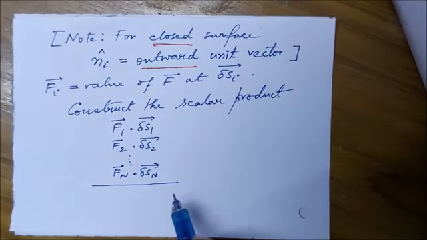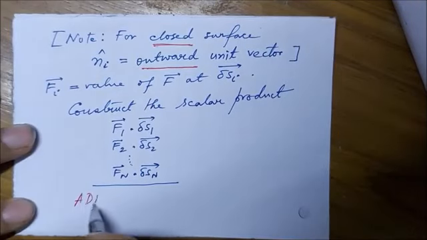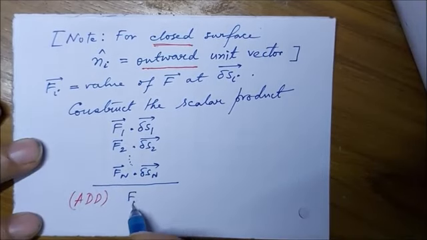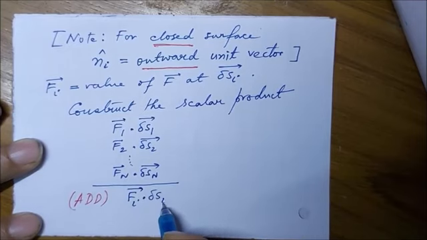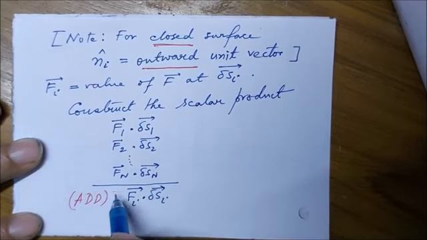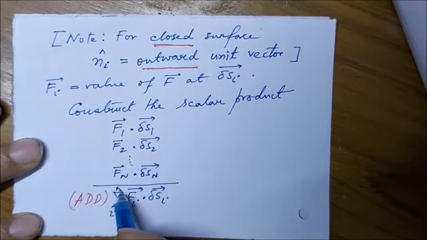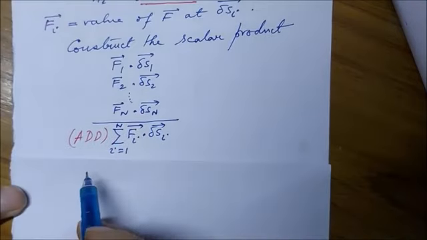Let us now add them. Adding, we get this is the ith contribution, and we have to sum from i equal to 1 to i equal to n.